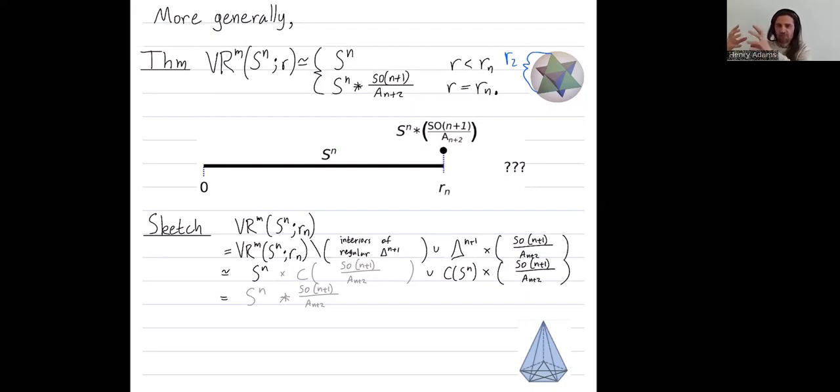I'm typically going to talk about the 2-sphere right now. The first change in homotopy type of the 2-sphere is when this inscribed equilateral tetrahedron appears. And I'll let R2 be the diameter of that tetrahedron. So more generally, you have an n-sphere. The first change in homotopy type is when this inscribed (n+1)-simplex appears, and I'll let Rn be the diameter of that simplex.